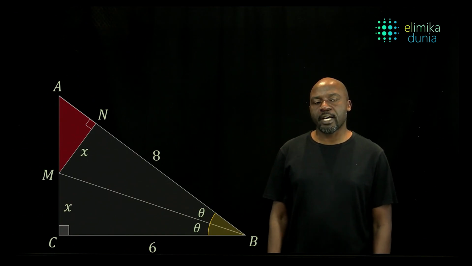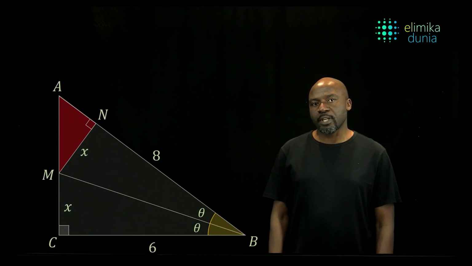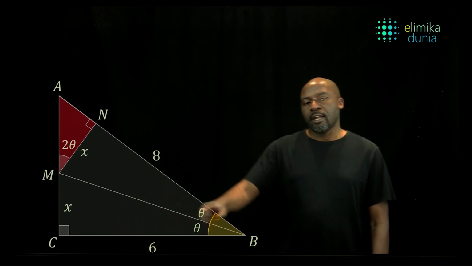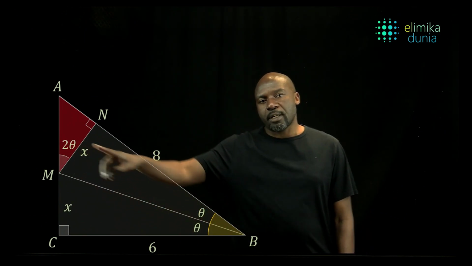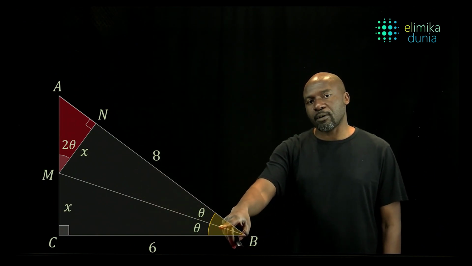And as soon as we have that, we have come up with two similar triangles. So we are saying that angle there has to be 2 theta, that is to say it must be equal to this angle here.